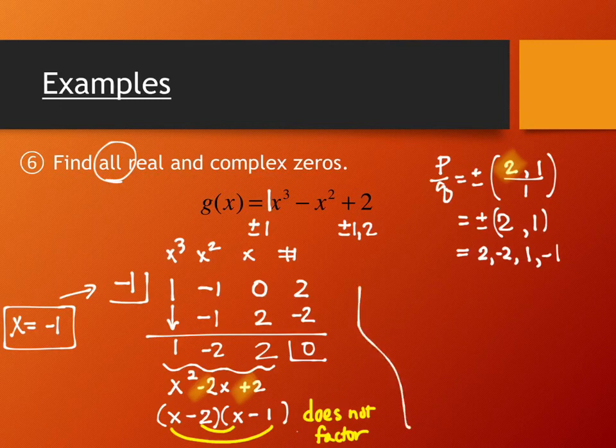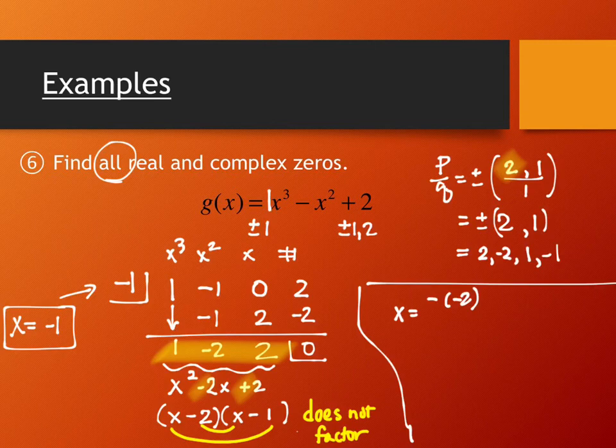So if I use the quadratic formula here then, x equals -b, so that's negative of -2, and the numbers I'm using are right here, right? This is a, b, and c: 1, -2, and 2.